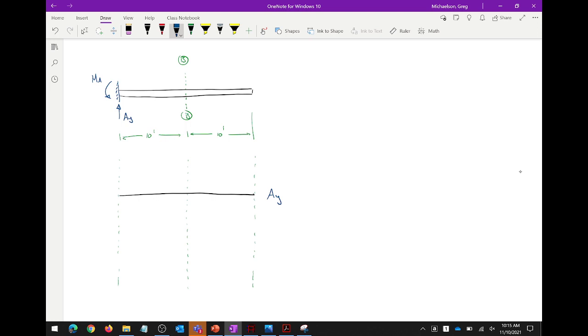So, if I take point A, remove from the structure the ability to resist the vertical reaction at point A, but not the moment, and I move it through a translation, what am I doing to this beam? I have to pick point A up, but it can't rotate. Picking the whole thing up. So the influence line for the reaction at A looks like this.